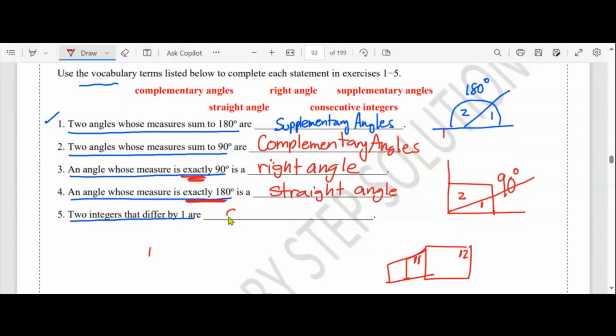So that's called what? Consecutive. What does consecutive mean in Arabic? متتابعة. Okay, is this clear?